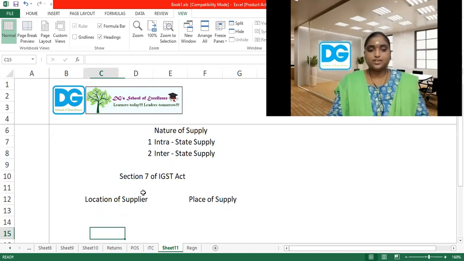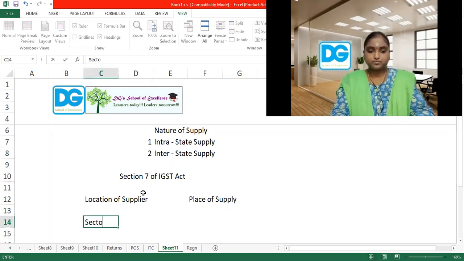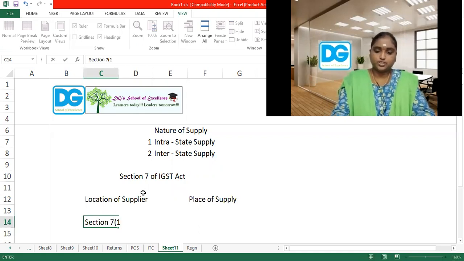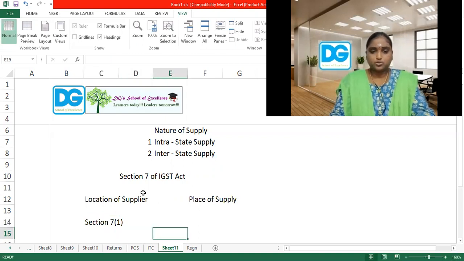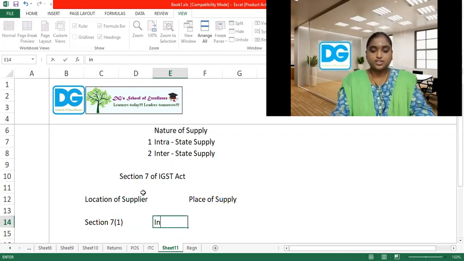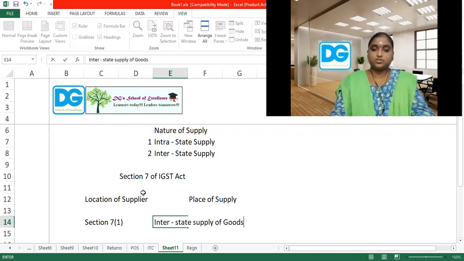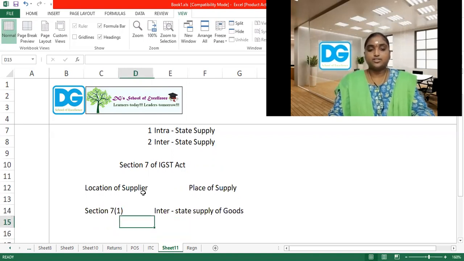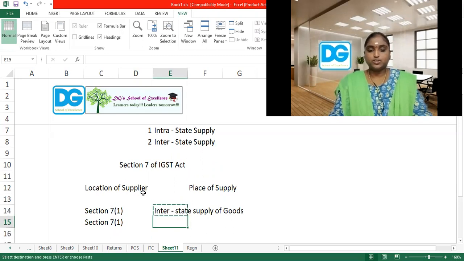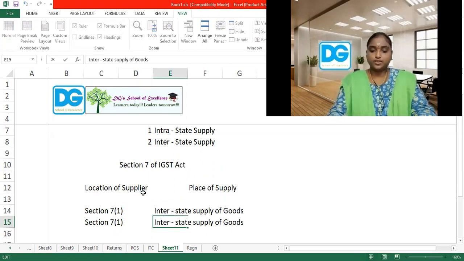Section 7 subsection 1 of IGST Act is speaking about interstate supply of goods, and section 7 subsection 3 talks about interstate supply of services.